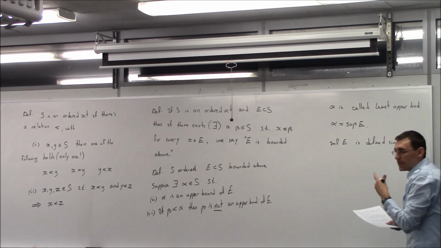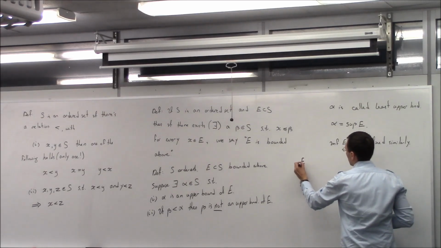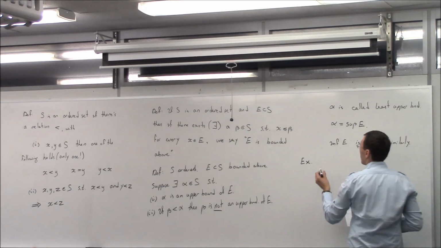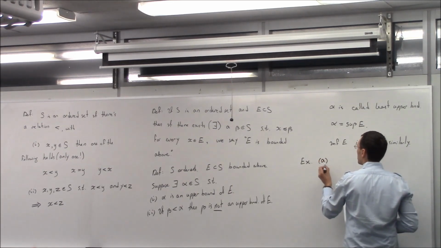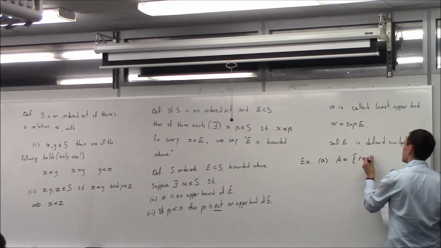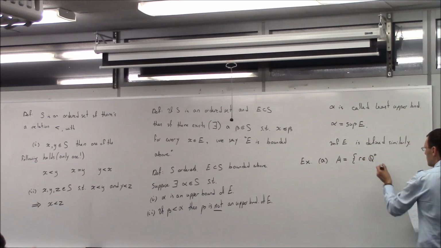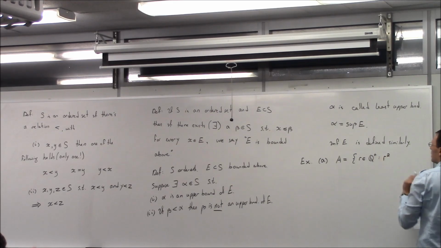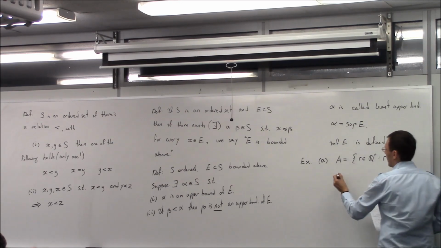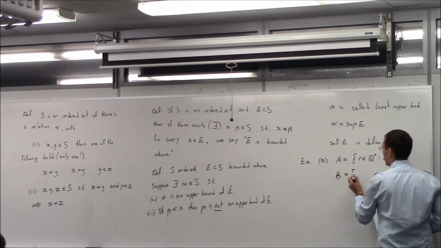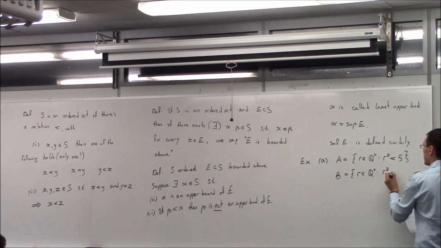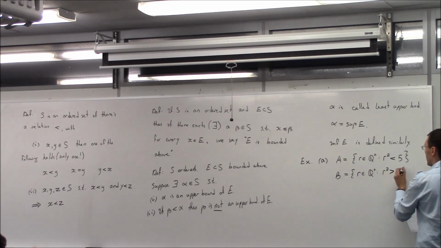So let me give you examples, and as I'm giving you those examples, I will explain the intuition. So remember the set that we had before? We had the set A of rational numbers such that, let's say, the number squared is less than 5. And we have the set B, which would be the positive rational numbers whose square is bigger than 5, right? We cannot get 5 exactly.